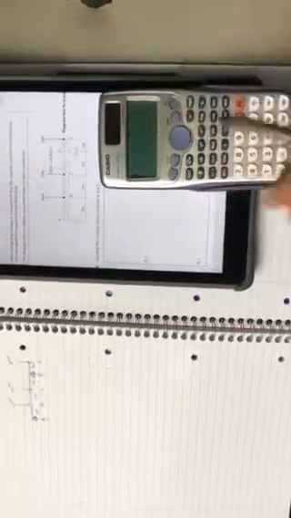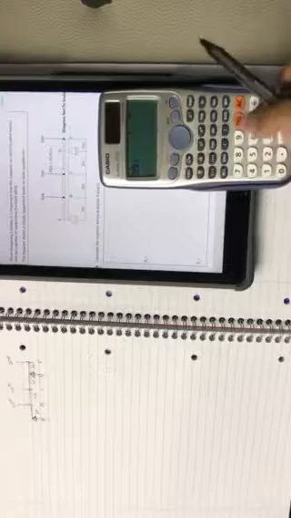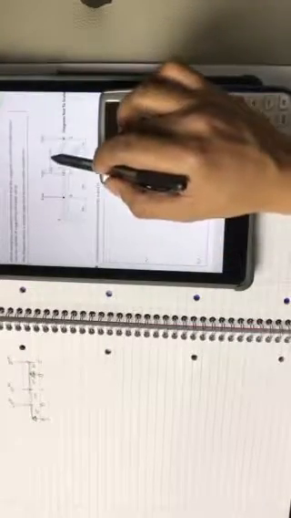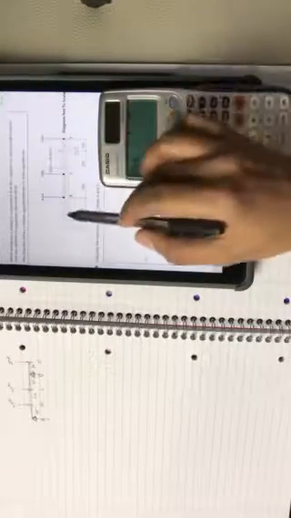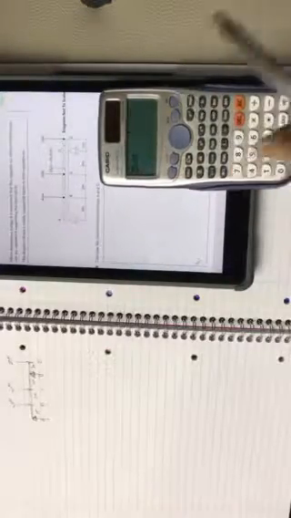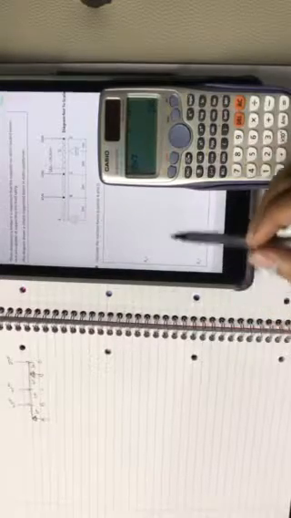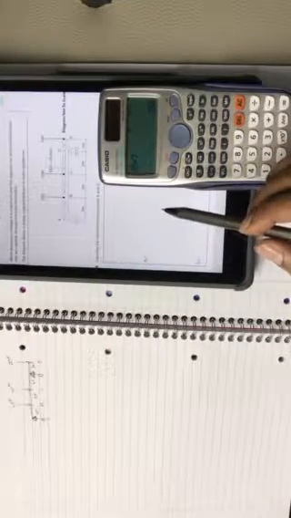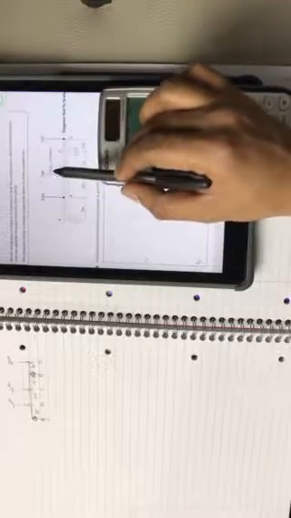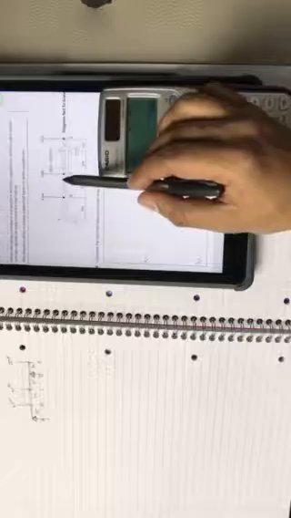First of all, we find the net load, which is 35 Newton per meter times the length of my beam, 7 meters. So the net load is 245 Newton. And where exactly will it be acting? Whenever you have a uniformly distributed load, it always acts at the midpoint.